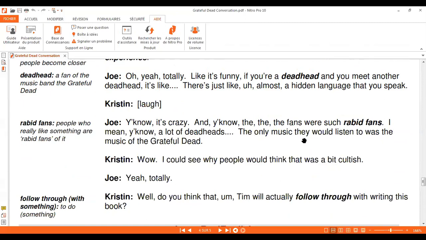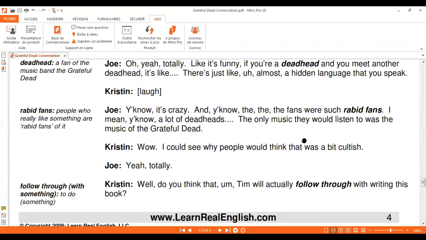It's crazy, and the fans are such rabid fans. A lot of Deadheads, the only music they would listen to was the music of the Grateful Dead. Wow, I could see why people would think that is a bit cultish.